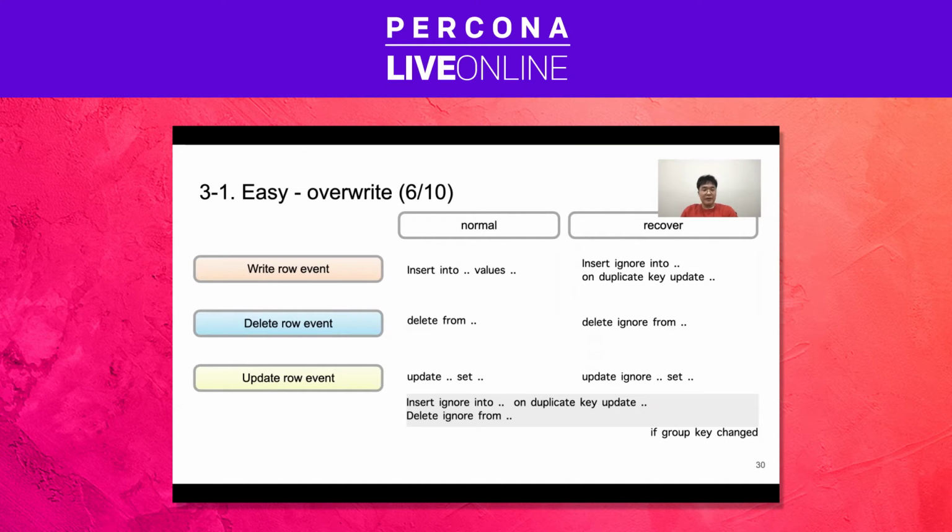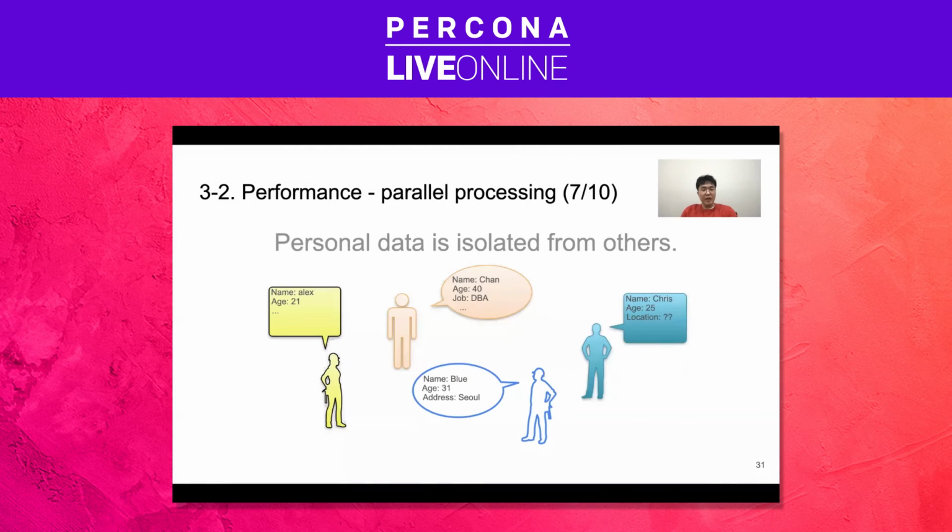This is because the currently saved data at the target database is the result, and the binary log from the source database is the past data. When the group key is changed, first the data is inserted into the new group, and then the old group data will be deleted automatically. I will explain what a group key means later.